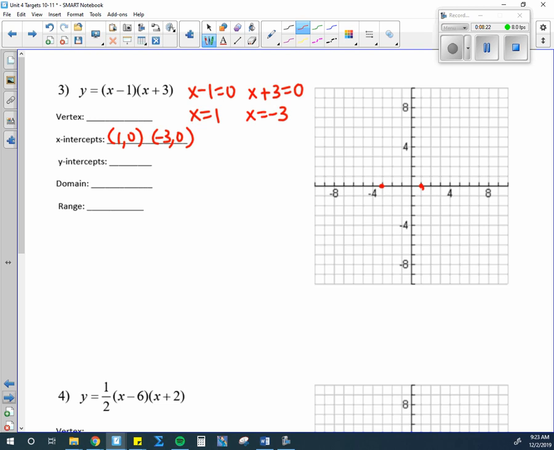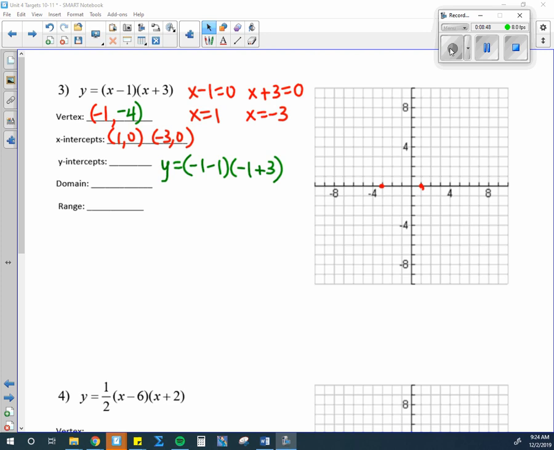And if I count in, I will get negative 1. So my x-coordinate of my vertex is negative 1. To find the y-coordinate of the vertex, I will then take that and plug it in for x. And that will give me negative 4. So my vertex is at negative 1, negative 4.